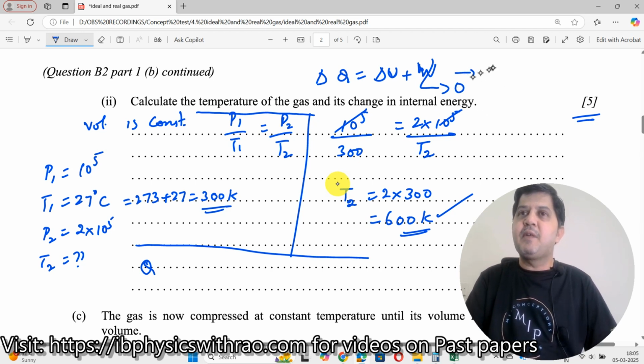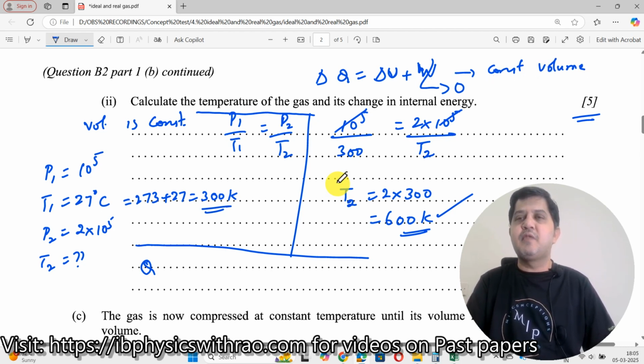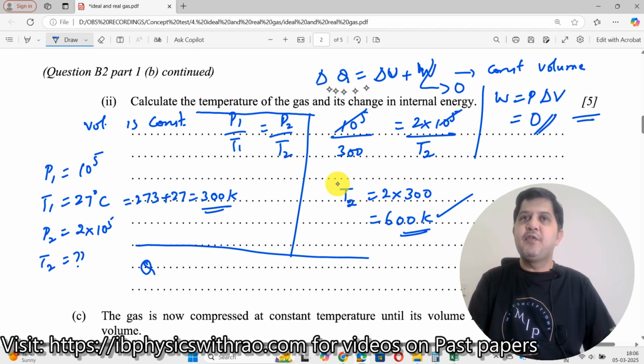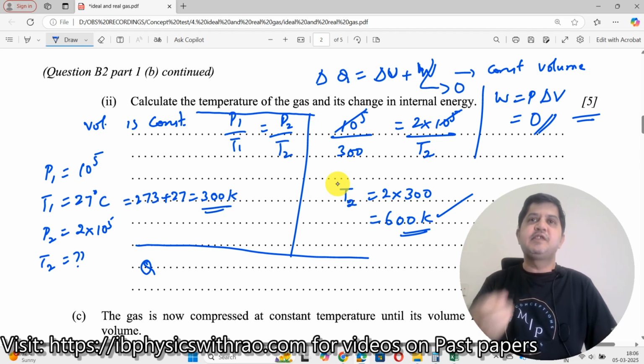Because it's been performed at constant volume. So what if it is performed at constant volume? Why should work done become 0? Because the expression for work done is given by P times delta V, right? So when I say constant volume, delta V is equal to 0. So W should be equal to 0 here. So therefore, whatever energy you are supplied, it goes in increasing the internal energy of the gas. If I say internal energy of the gas, it only is increasing.